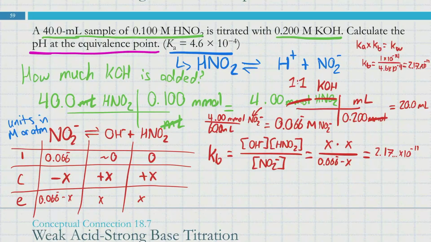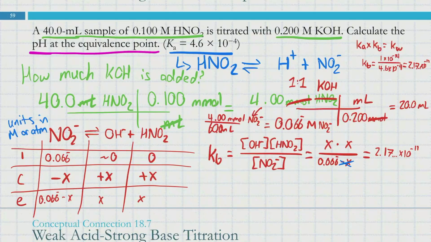And now we have a wonderful opportunity to use our favorite little shortcut. X is small. We can assume that X is small because our concentration is close-ish to 0.1, and our Kb is 10 to the minus 11. That's super small, so it shouldn't have any bearing on the result that we get.